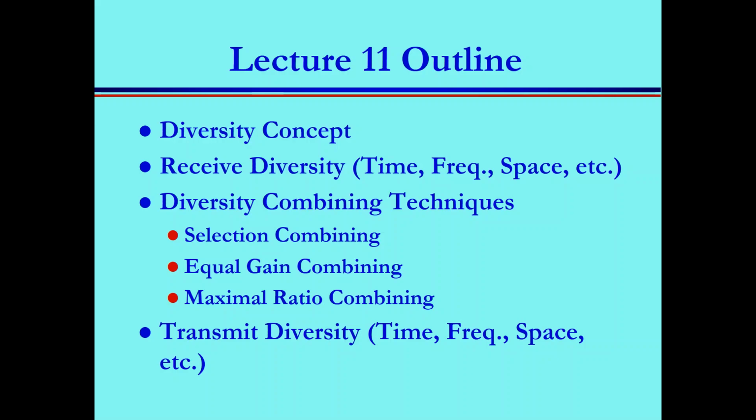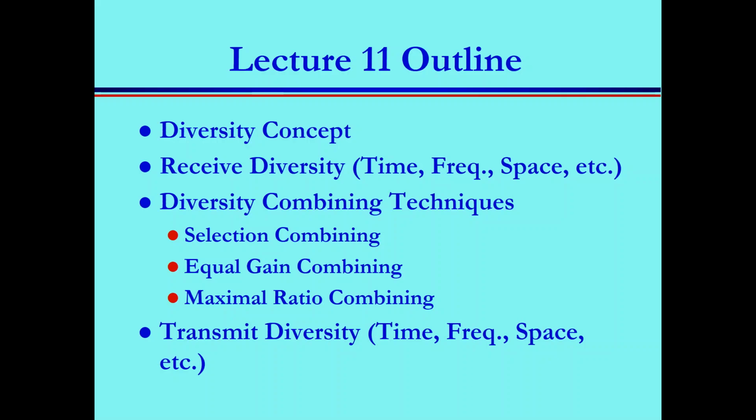After that, we will have a look. We will give you examples on each domain. Time, for example, give you an example on a diversity technique that utilizes time or utilizes frequency or space or angle and so on and so forth.